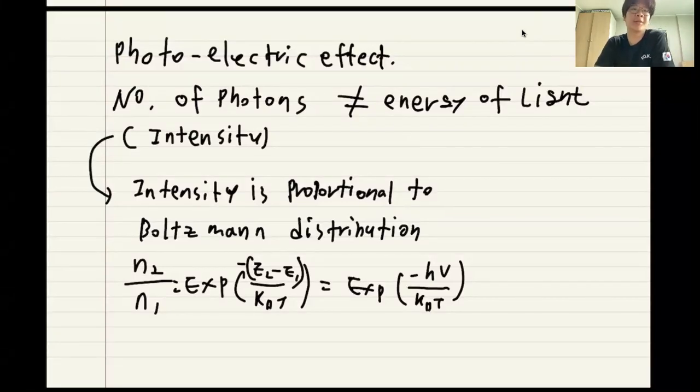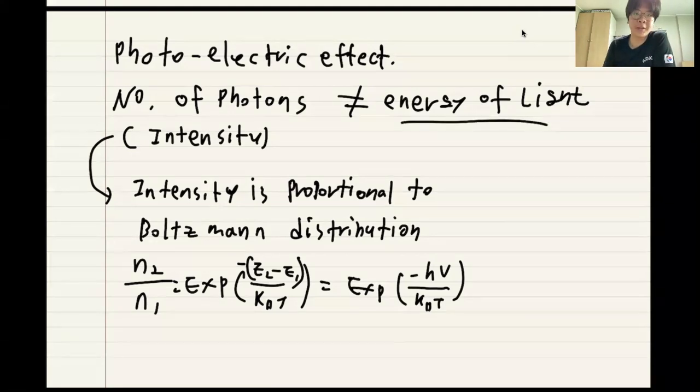And there's another significant property, which is the photoelectric effect. The most important point on this effect is that the number of photons is not related to the energy of light.